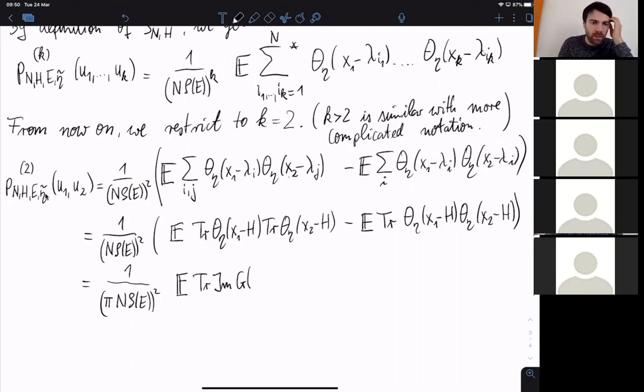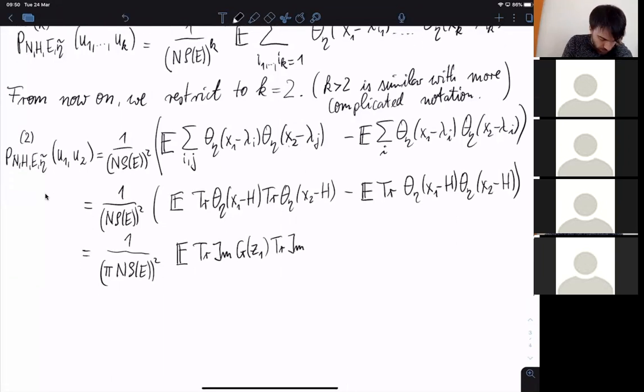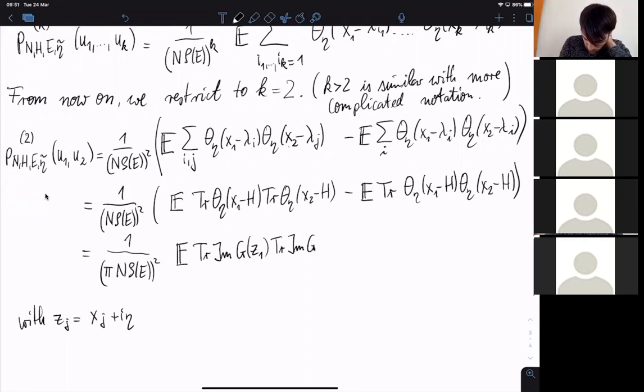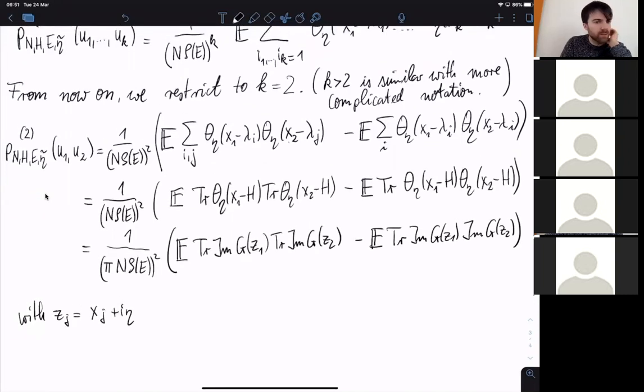times the expectation of the trace of the imaginary part of G at Z1, trace of the imaginary part of G at Z2, where maybe I should already remark that Zj is xj plus i eta, minus the expectation of the trace of the imaginary part of G(Z1) times the imaginary part of G(Z2).